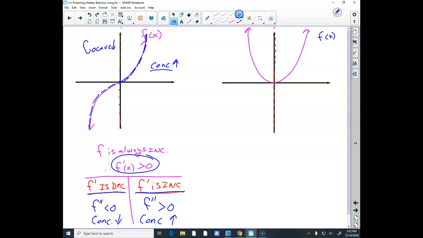So obviously, when I'm looking at it, f is decreasing on this side, correct? Which means the value of the derivative is going to be less than 0 at all those points where f is decreasing. Okay, on the right side over here, I can see f is now increasing, okay, which means the value of my derivative at all these points on the right side of this thing are greater than 0, meaning the derivative would be positive.